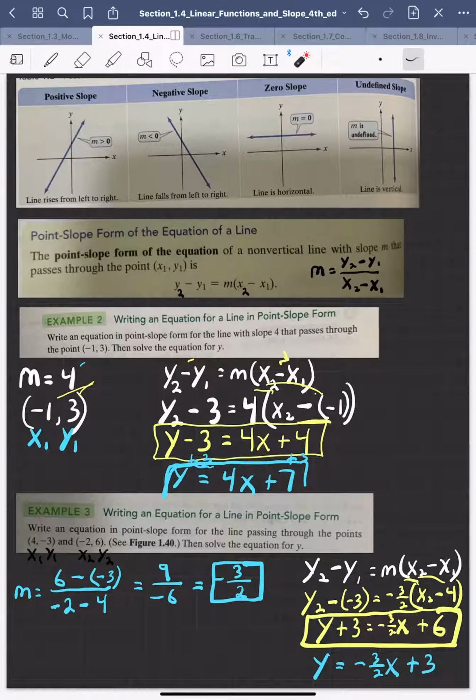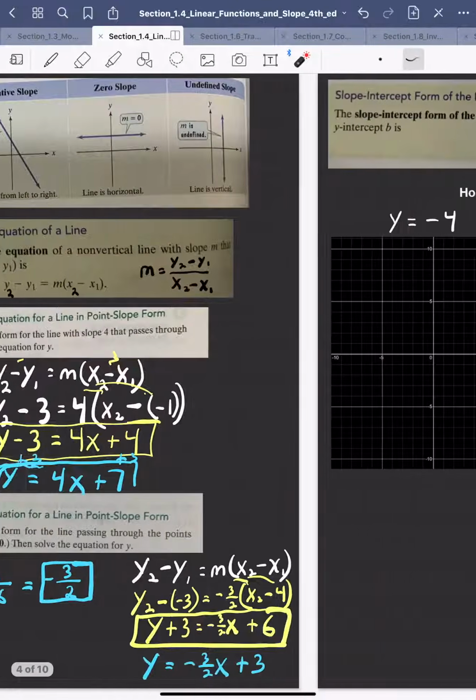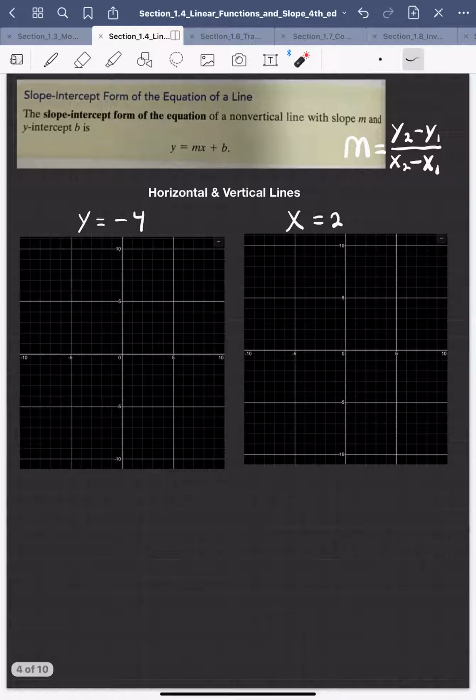But notice that in example 2 and example 3, the last part of each of those questions asked us to solve for y, to get y by itself. So I want to give that form of an equation a name as well. When you solve a linear equation for y, we refer to this as the slope-intercept form of the equation.